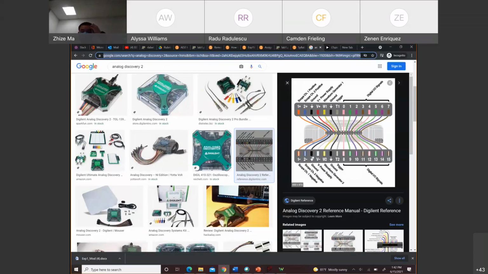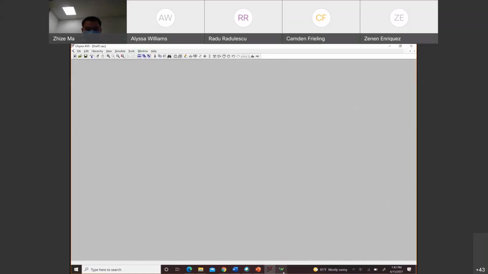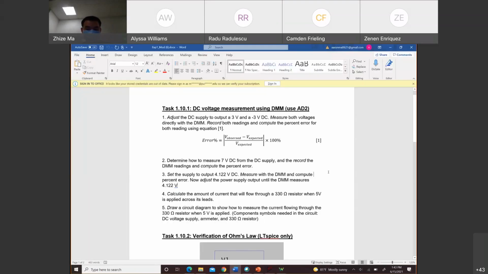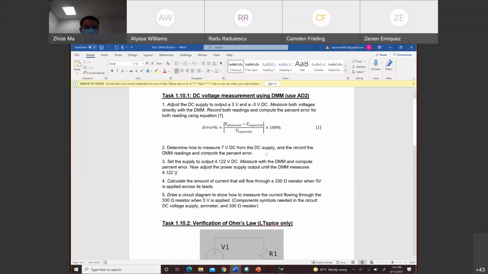That's how you measure the voltage. We can work on this after I talk about all the tasks. So that's for question 1.